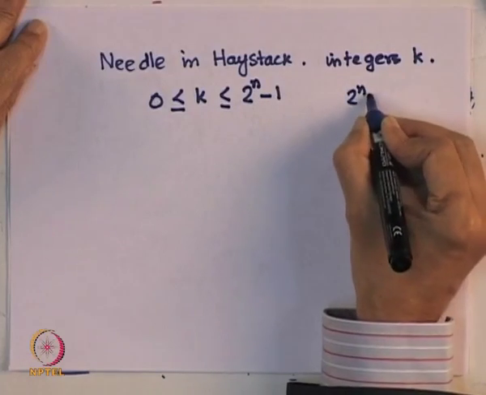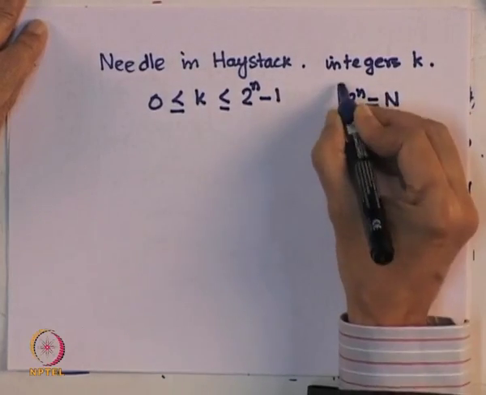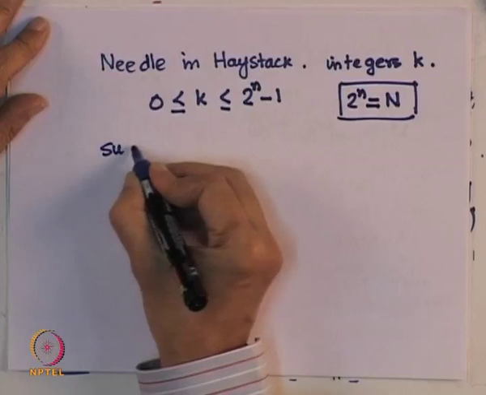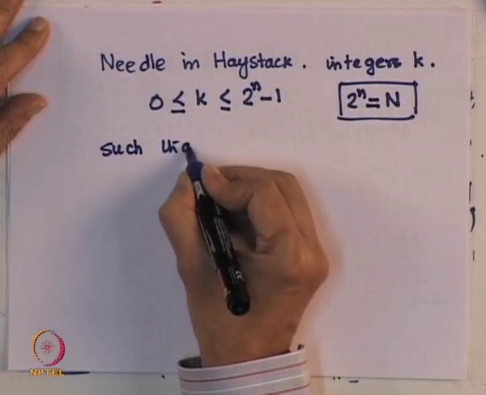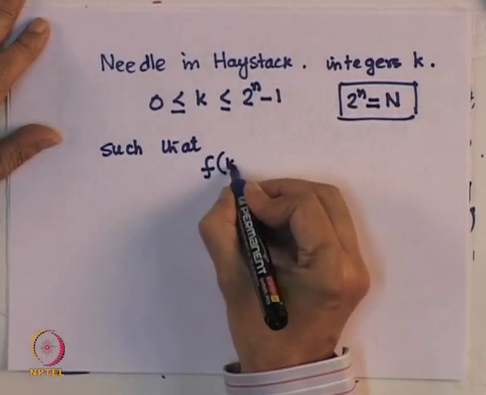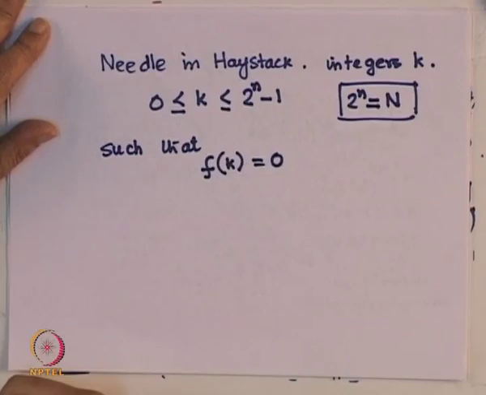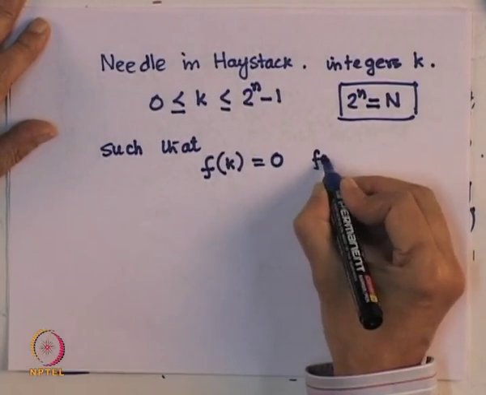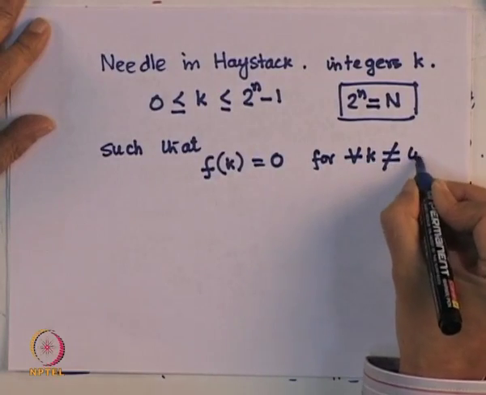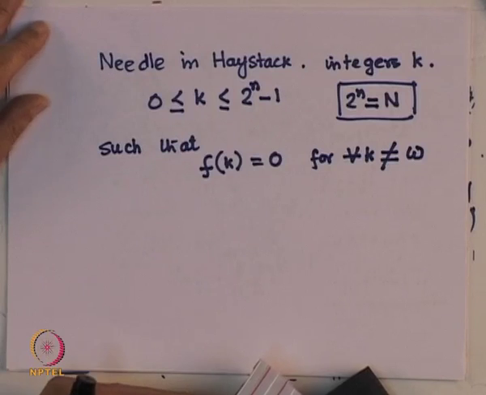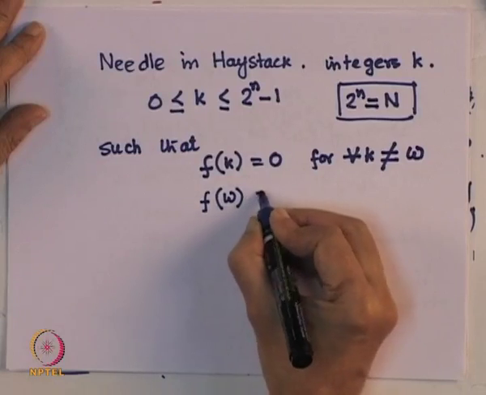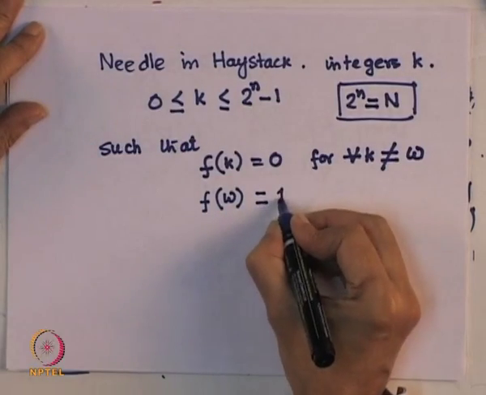Remember, 2 to the power n I will frequently be writing as capital N, such that the oracle can calculate a function f. The value of f of k is equal to 0 for all k not equal to a particular value w. Now, if k happens to be equal to w, then the function evaluates to 1.